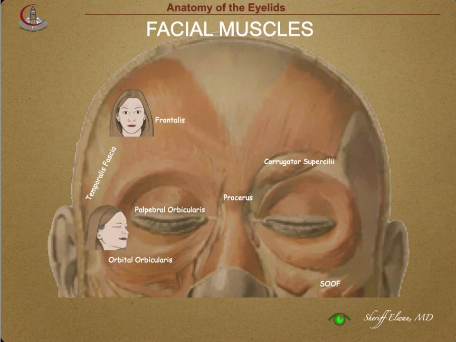The orbicularis, as we'll describe later on, used in closure and forcible closure of the eyelids as an antagonist muscle to the levator palpebrae superioris, and the corrugator supercilii, which brings the medial ends of the eyebrows medially more, serving in the appearance of the frown position, and the procerus, which brings the area in between both eyes into wrinkles.